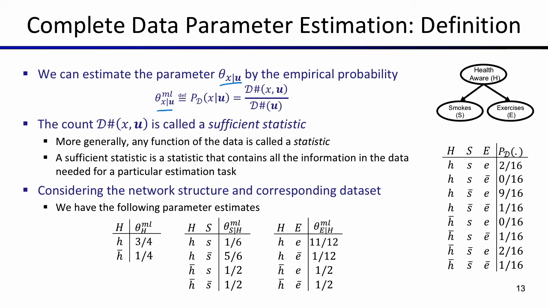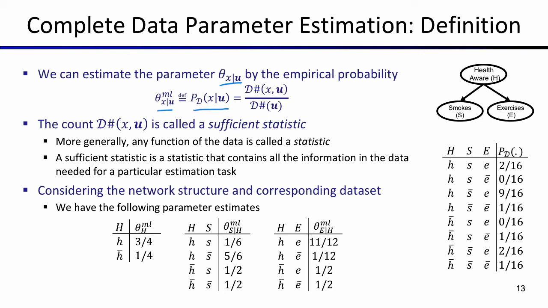I'm going to say that the parameter estimated in this form corresponds to the maximum likelihood estimate for this parameter. So it is going to be the empirical probability for x given u. So x is a variable, u is a set of parents, and basically it is a ratio of the count of x and u by the count of u.